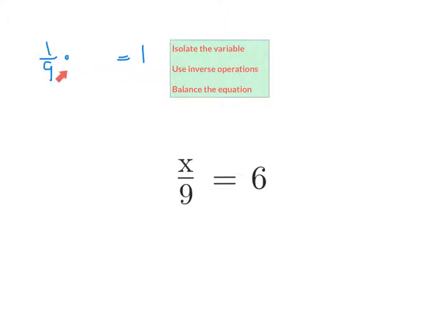What would I multiply 1/9 by so that I could get a 1? Well, I can multiply 1/9 by its multiplicative inverse or its reciprocal, which is 9 over 1. 9 over 1 times 1/9 would equal 9 over 9, and 9 over 9 equals 1. So this is what I'm going to do. I'm going to multiply both sides of my equation by 9 over 1.